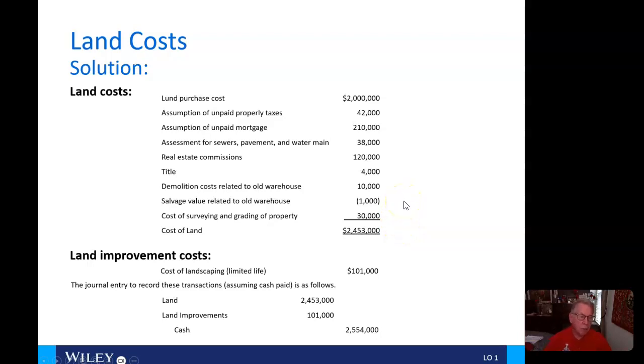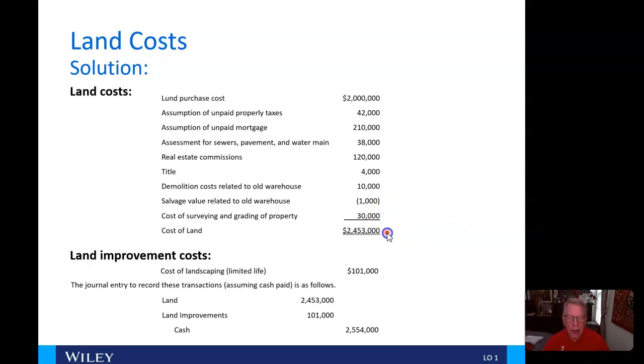Oftentimes, for example, you have copper that's included in the wiring that can be sold when the old warehouse, in this case, is demoed. And then the cost of surveying and grading the property here.